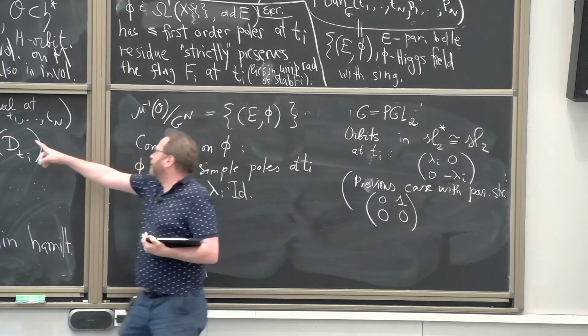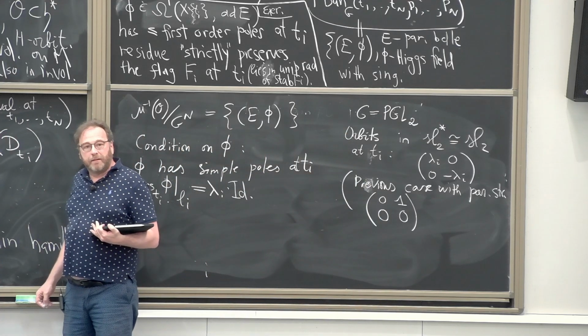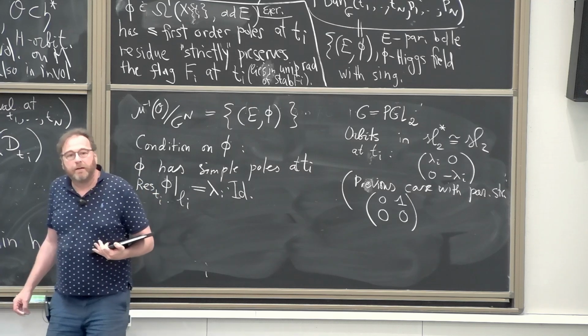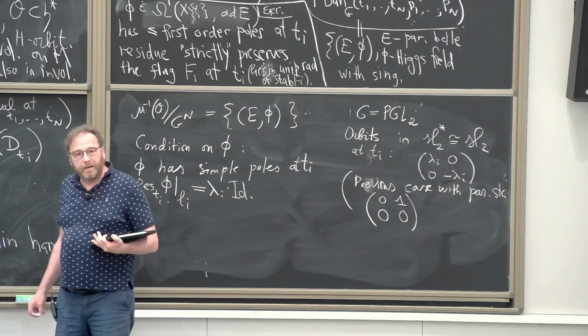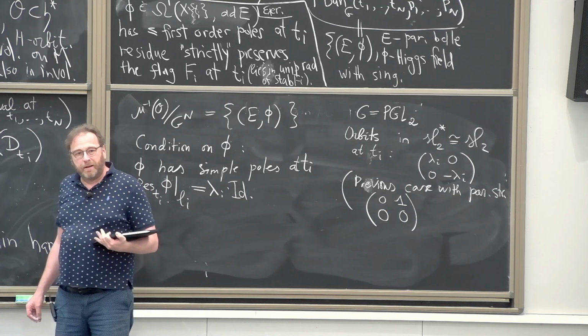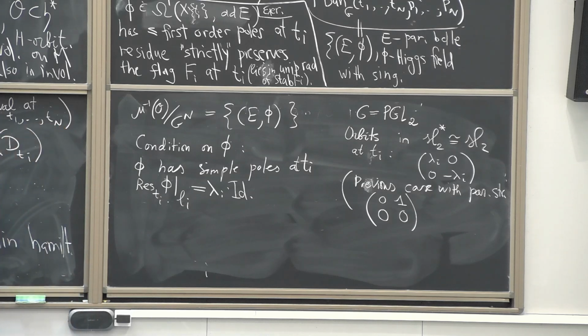This is surjective. But here I'm saying something different. There is this big group, and it projects surjectively onto this, and then I have some kernel.